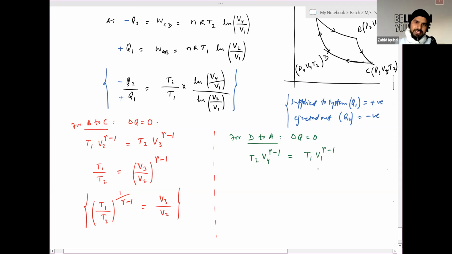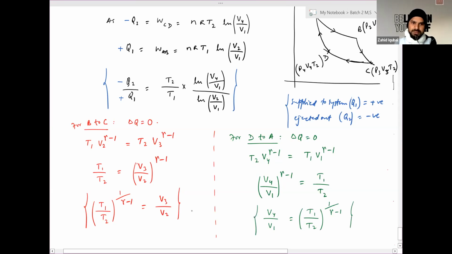So move this T2 to the right side and V1 to the left side. So you will get V1 over V4 to the power gamma minus 1 equals T1 over T2. Move this exponent to the other side. So V4 divided by V1 equals T1 divided by T2 whole to the power 1 by gamma minus 1.